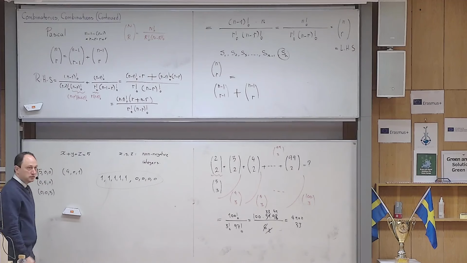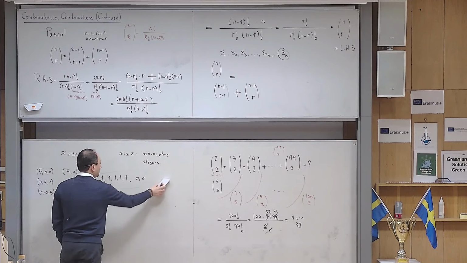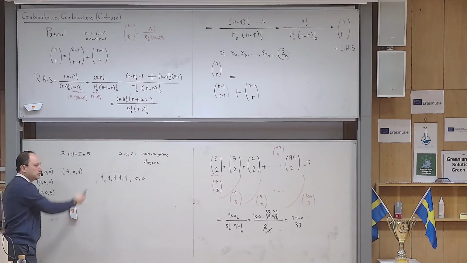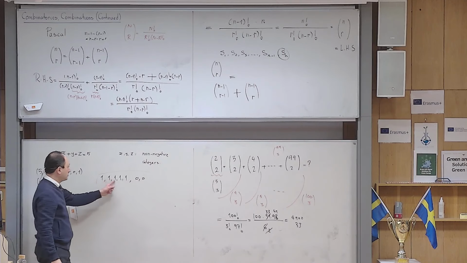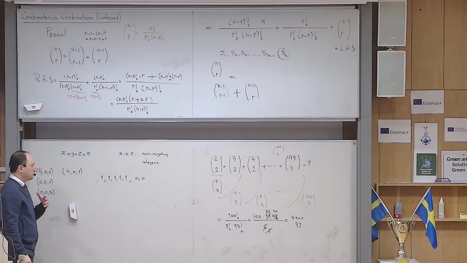I give you 5 ones and 2 zeros, and I ask you, how many permutations are there? 1, 2, 3, 4, 5, 6, 7. I have 7 objects. I want to know how many permutations there are.